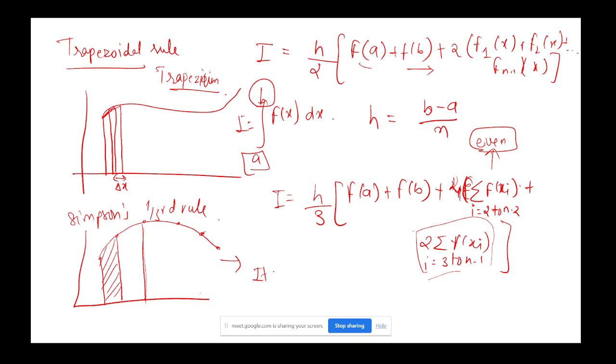It is mandatory that n is odd. Okay, so let's move forward.